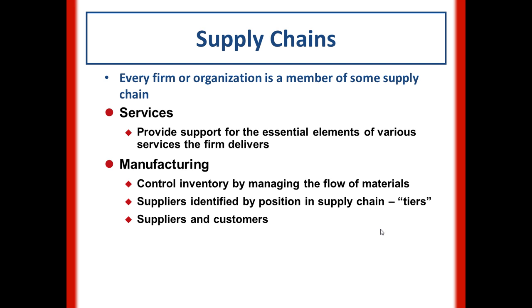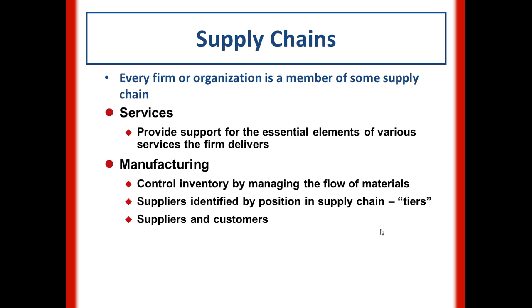Some firms can be both a buyer and a seller at the same time. A firm is a buyer when it buys products or raw materials from suppliers. A firm is a seller when it uses those materials to manufacture a final product to sell to customers.